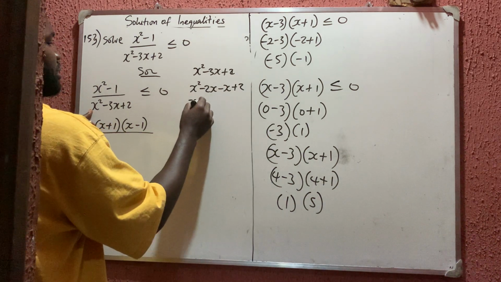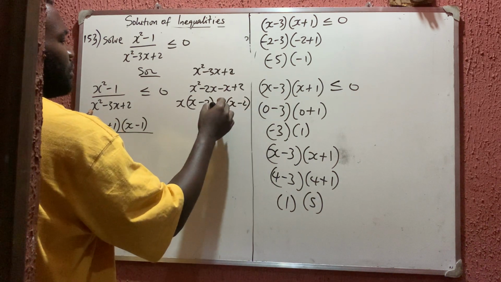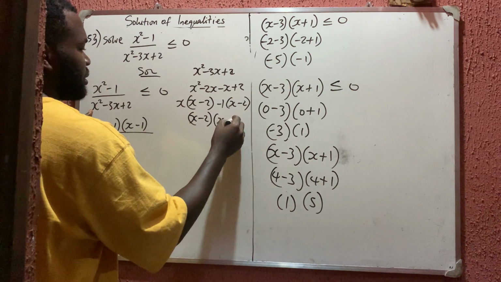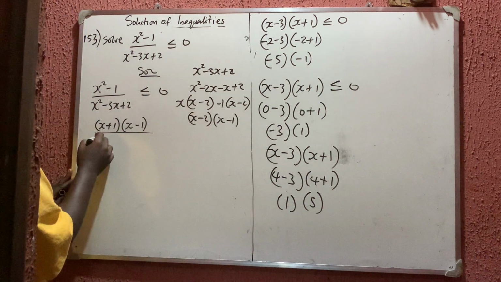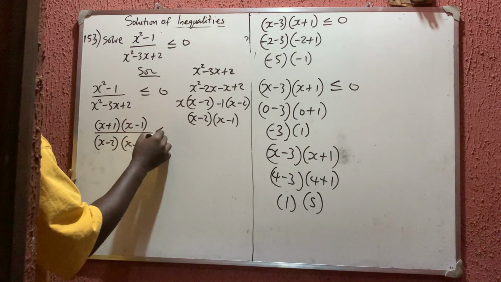So I'm going to have x times x minus 2, minus 1 times x minus 2. So I'm having x minus 2 and x minus 1. So the factorization of this is x minus 2 and x minus 1. They say it's less than or equal to 0.